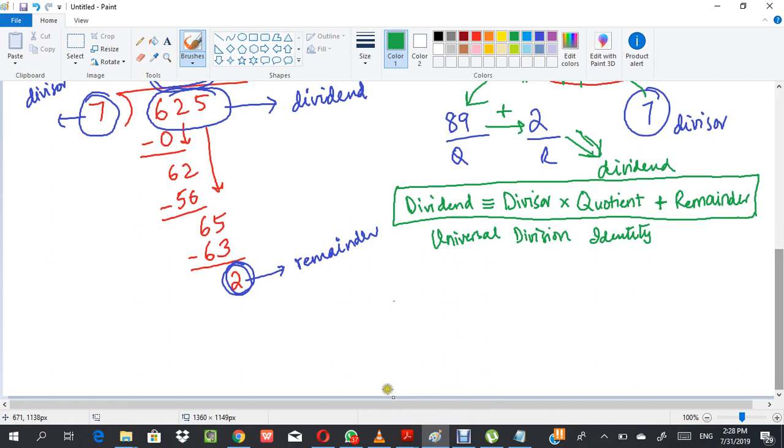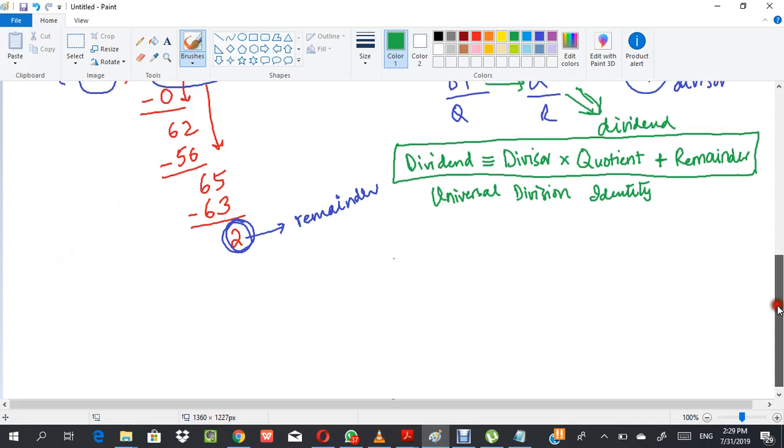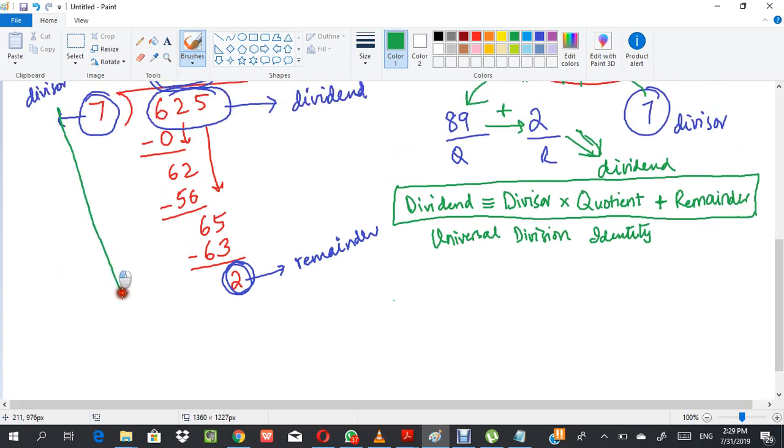This means that these 4 components are going to exist when we divide one polynomial by the other as well. And there are 2 ways basically of dividing a polynomial by another polynomial. The first method is very similar to this method that we have done. This method is basically called the long division, right? So we also have a long division for polynomials.